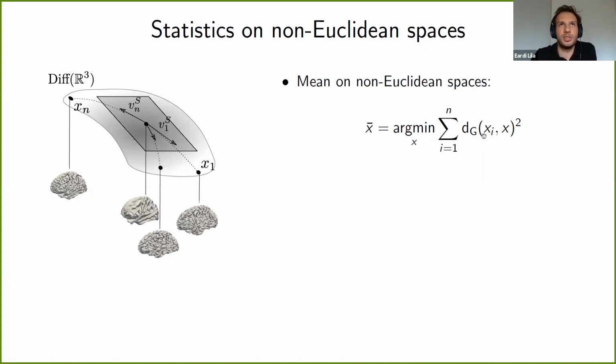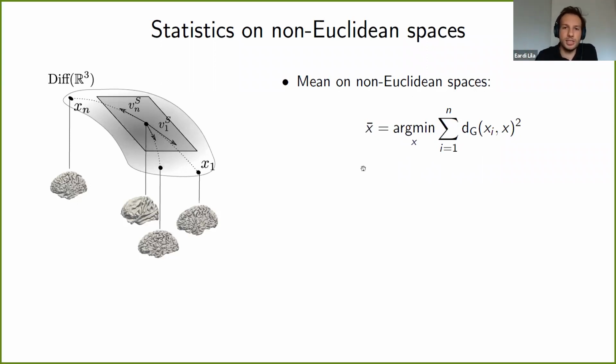And once you can measure the distance between pairs of objects, it's easy to generalize the concept of the mean as the barycenter of these objects. Basically, it's the object x that is constrained to this manifold, to this geometric structure, and that achieves the aim of being the point that is not far away from everyone, so it minimizes the distance from all the points that you observe.